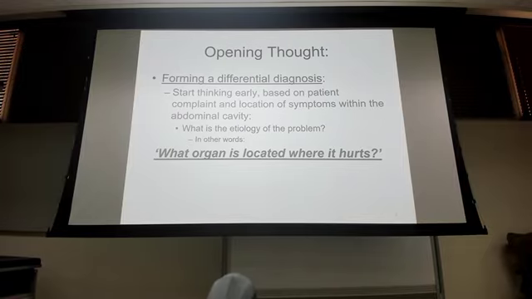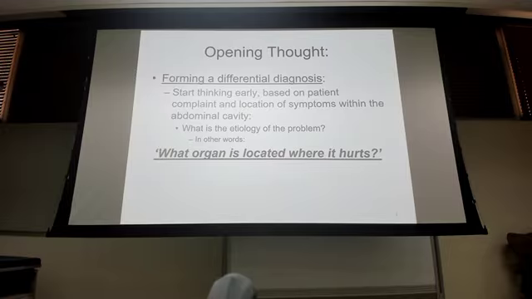All right, forming diagnosis. You want to start thinking early, what organ is located where, right? So we're going all the way back to A and P, learning all those different areas of the abdomen, those regions. So you start with what's located where the patient's got a problem, right? If someone says they have epigastric pain, you want to start thinking, okay, stomach etiology, maybe the top of the small intestine, duodenum.